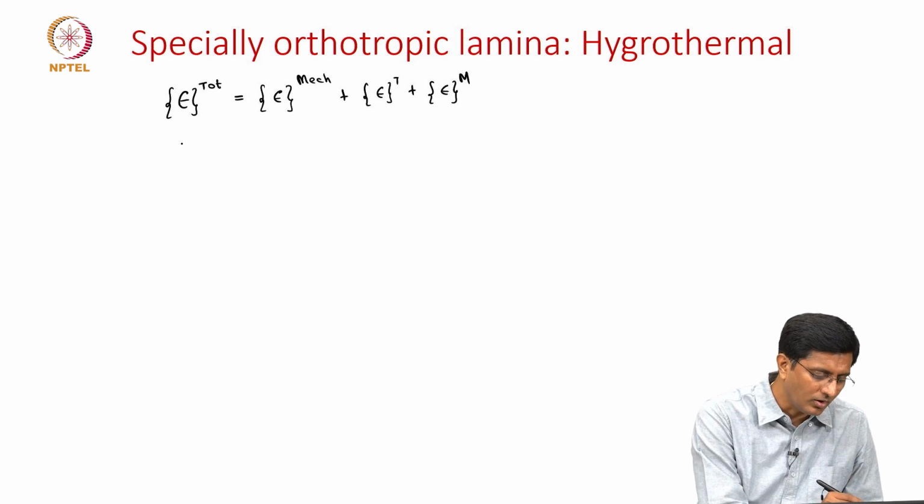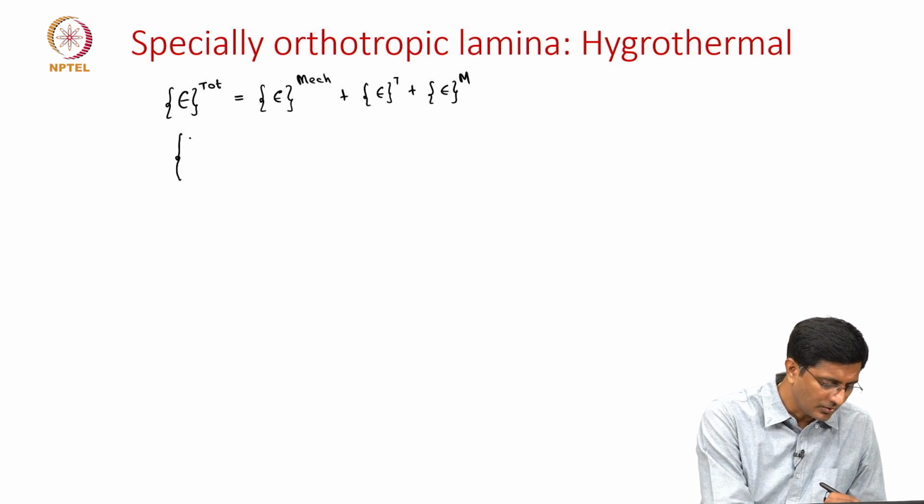Now let's write all the components in the material coordinates. So let's say we are looking at epsilon 1, epsilon 2, and gamma 12.